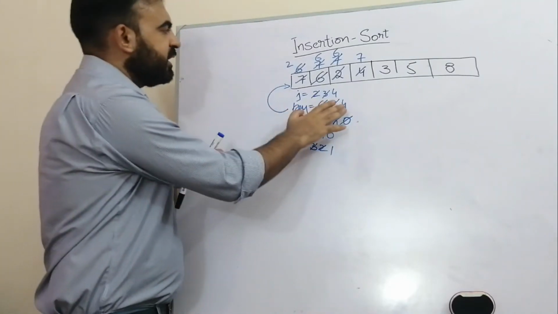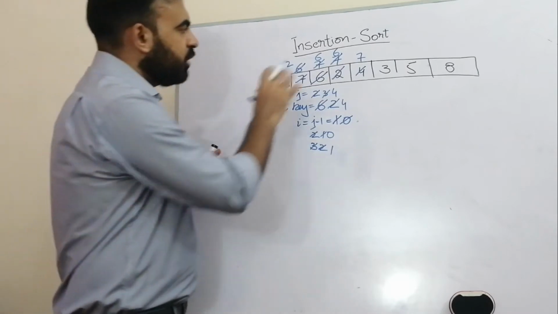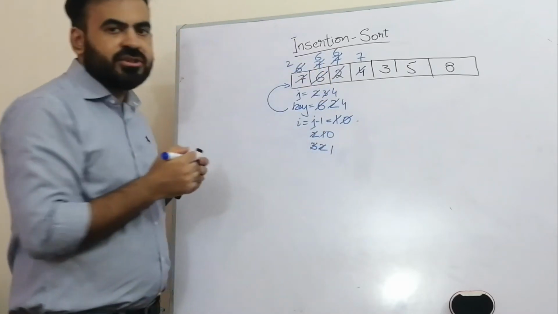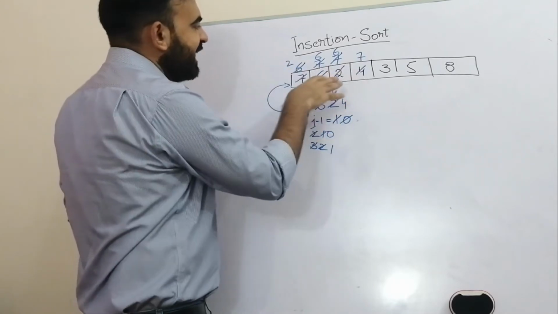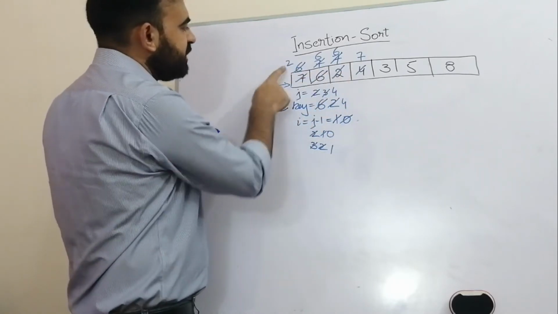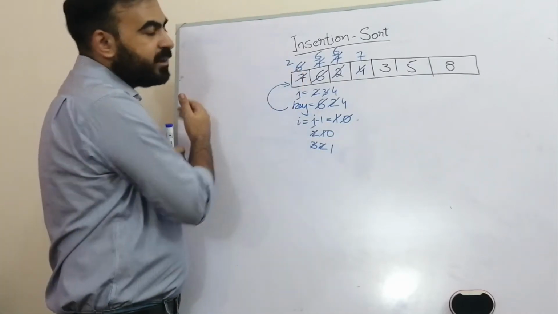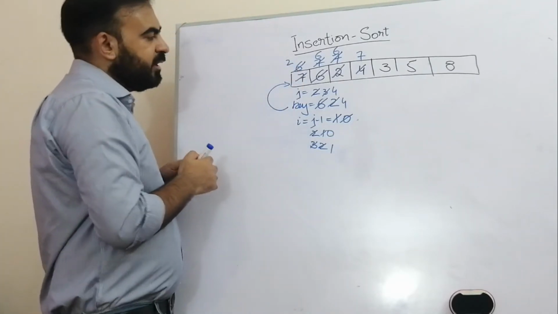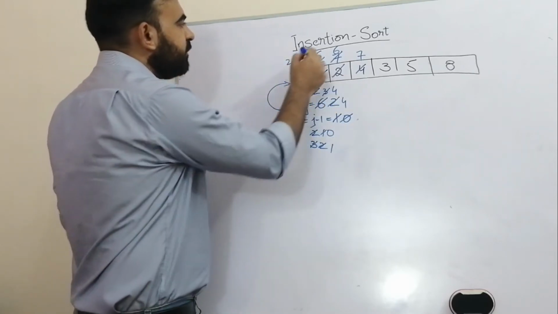Then we will compare our key with the previous element, which is 2. What will happen? Now the loop will terminate on the first condition. What is the first condition? That the element we are comparing with the key element is smaller than the key element. You can see 2 is smaller than 4. So it will not check further back. And we will copy the key to its correct position, which is this one.